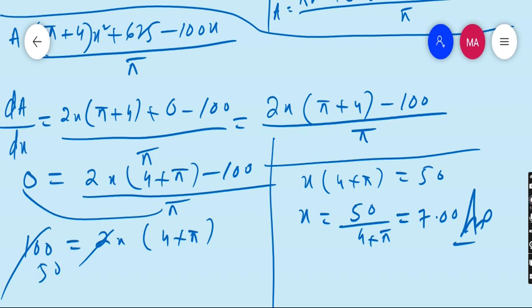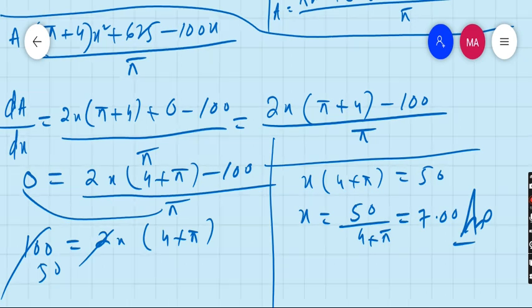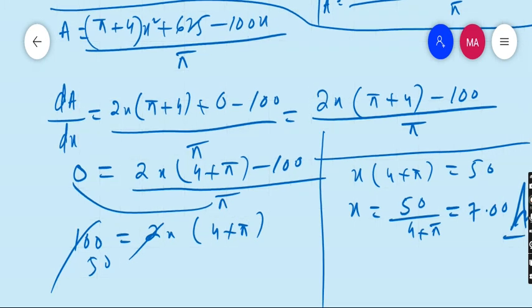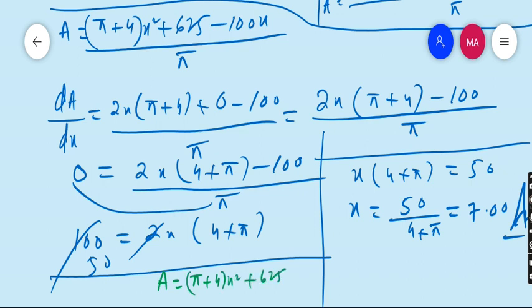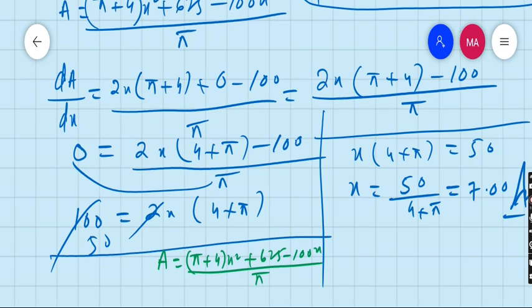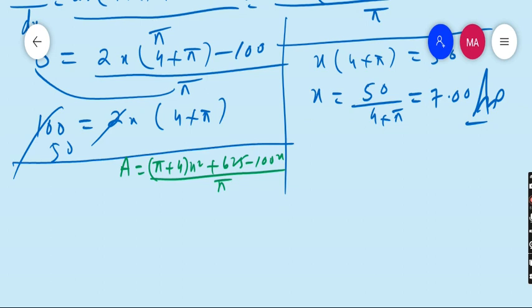And now put this value of x in the value of A. What is A? First we have to write the value of A. π plus 4 x² plus 625 minus 100x upon π. We have found the value of x, that is 7.